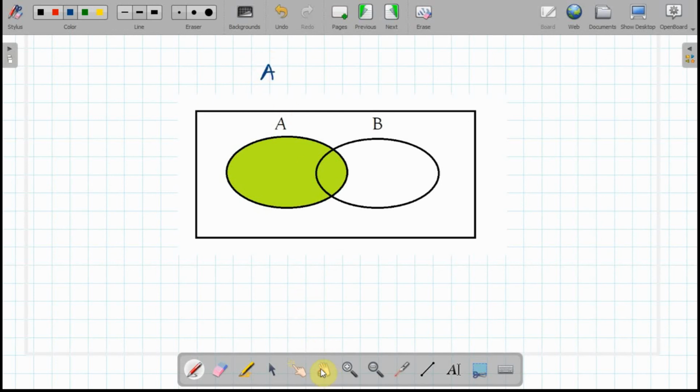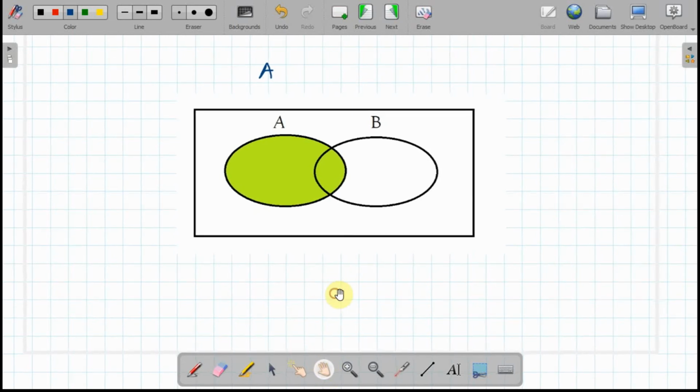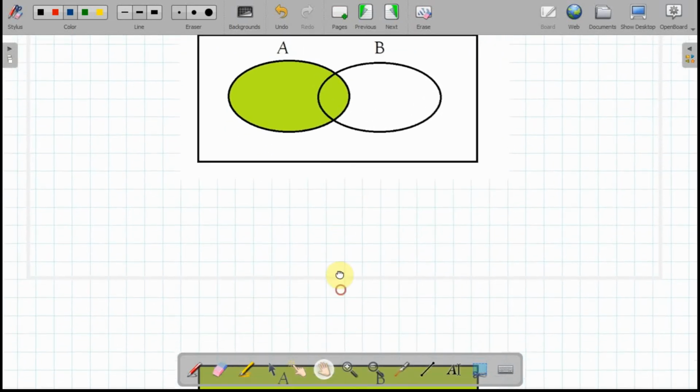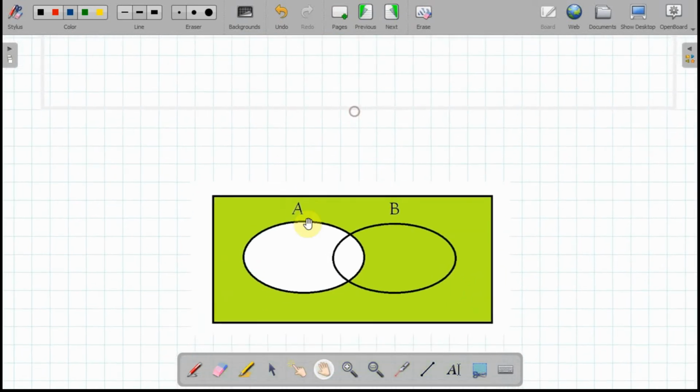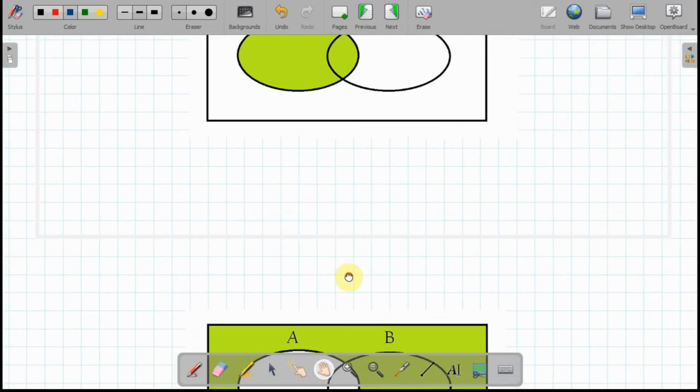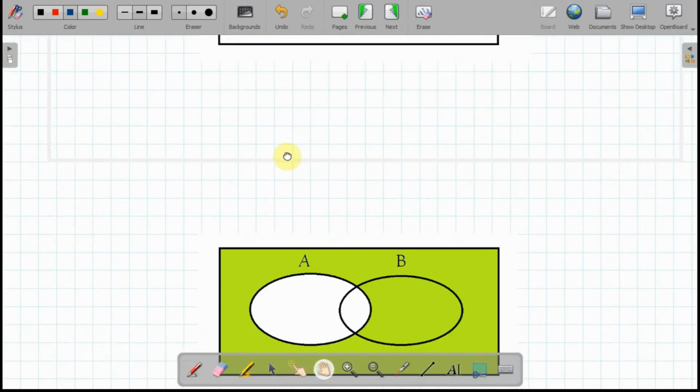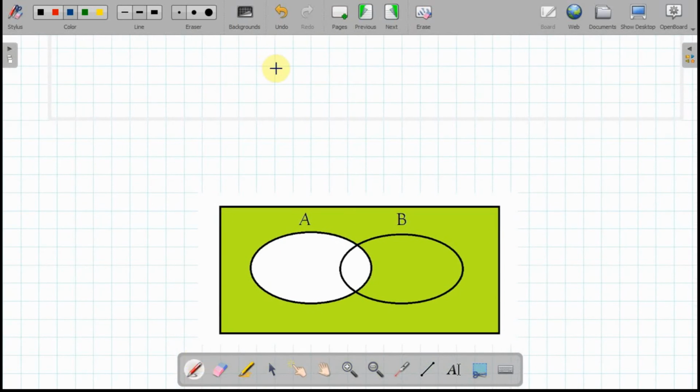So we're going to introduce a new concept over here, which is not, as in the word not. The word not is represented by an apostrophe. So if I was to say not A, that would be written as A with an apostrophe.